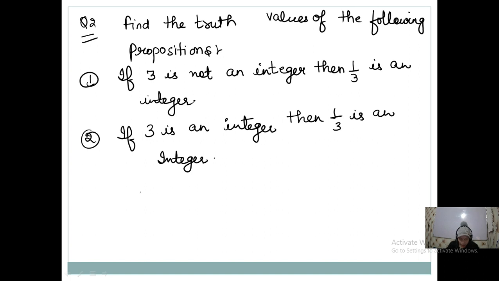Here we assume, suppose P represents 3 is an integer.